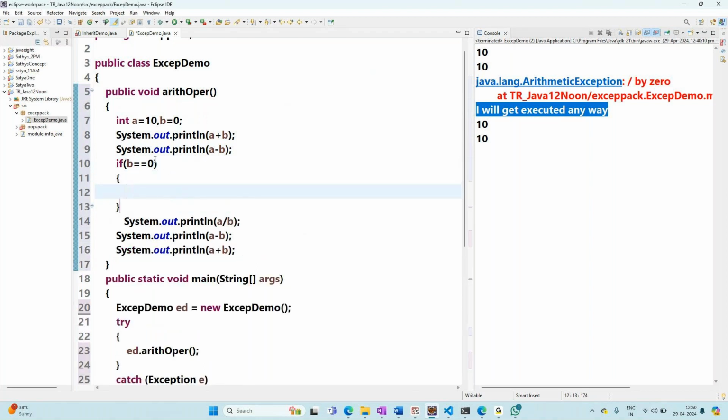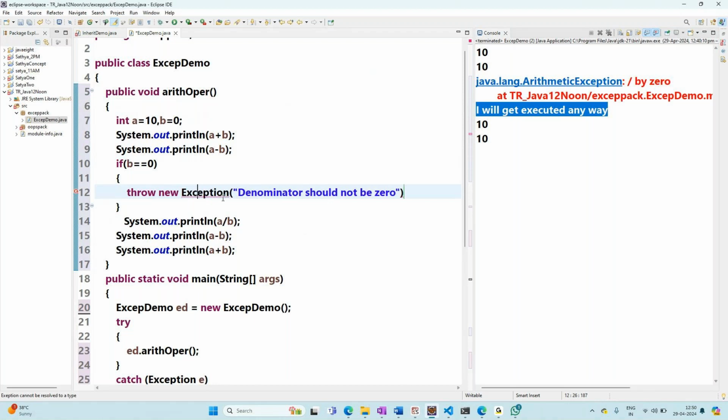throw new Exception, something like "The denominator should not be 0."